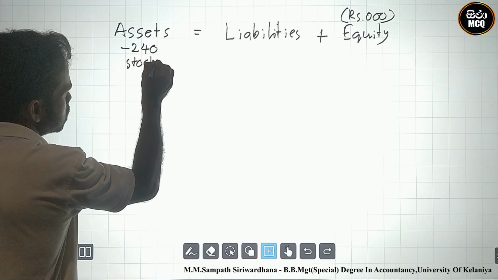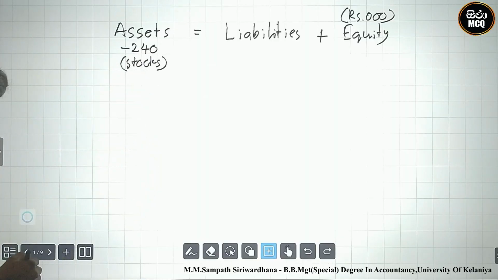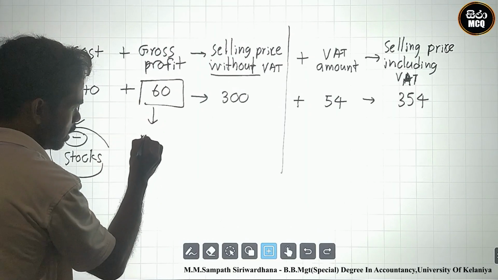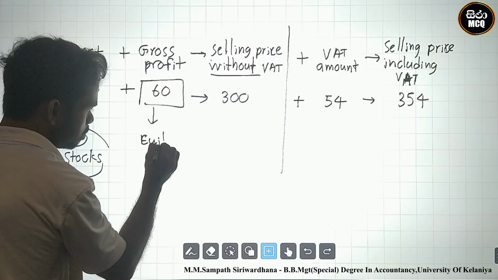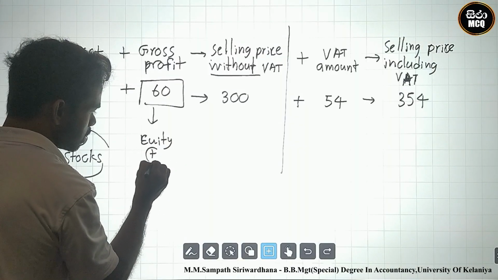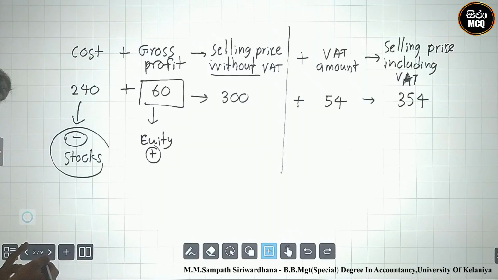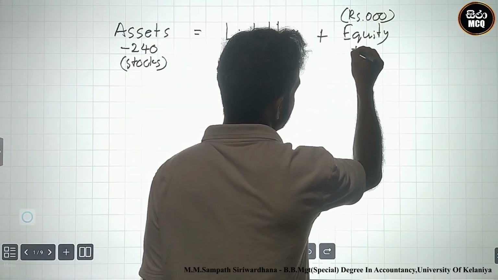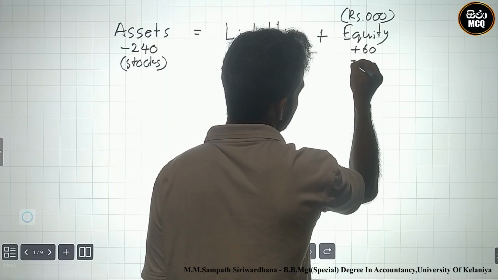This is the impact. Next one, gross profit impacts equity: plus 60 gross profit.